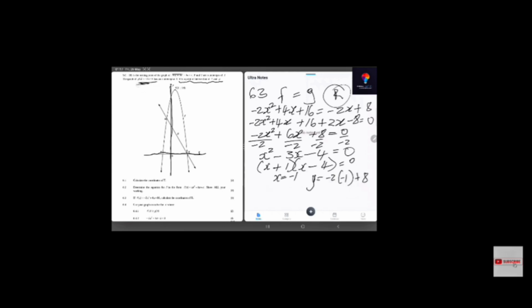We use this graph here; we can use even the graph of the parabola. As I have just said, the coordinates at the point R are exactly going to be the same. Therefore, our y is negative 2 multiplied by negative 1, which is positive 2, plus 8, which is going to give us 10. Therefore, R is going to be minus 1 and 10.